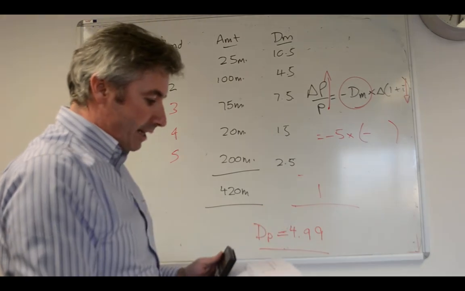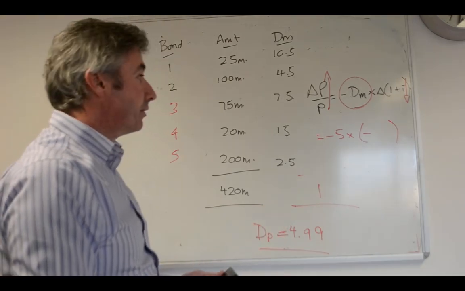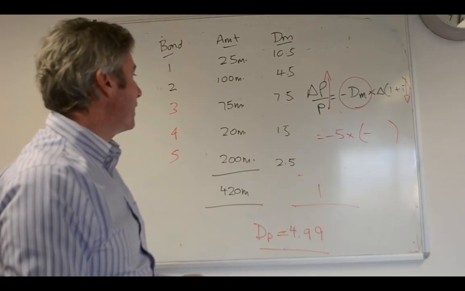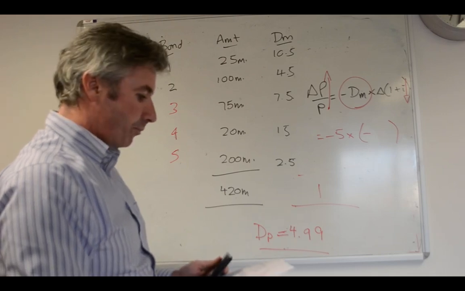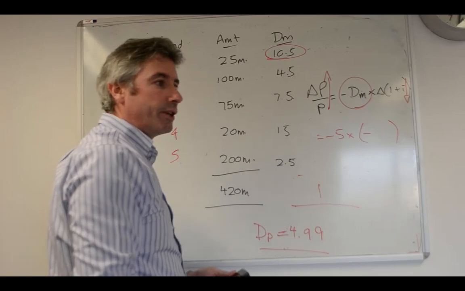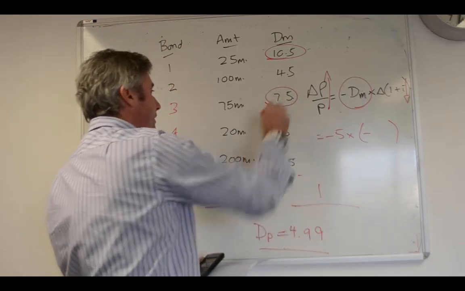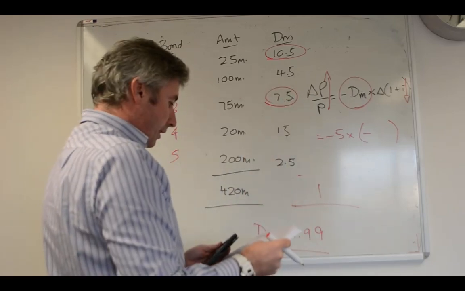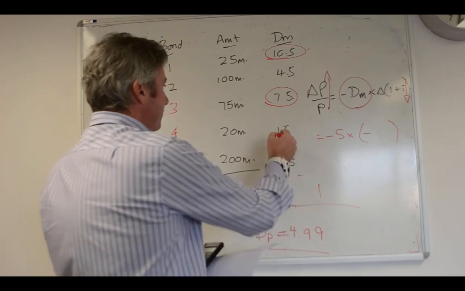So if we really expect the yield to fall, we may wish to place greater emphasis on the larger duration bonds, i.e. this one here and this one here, or in fact this one here.